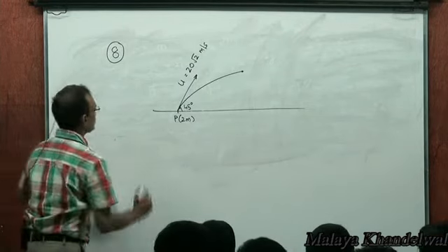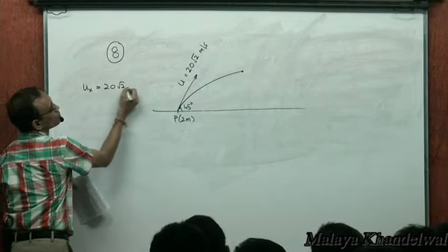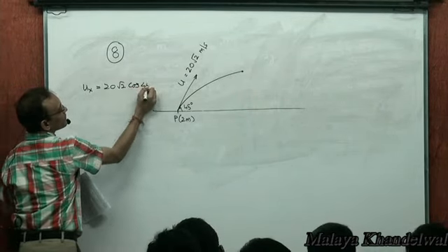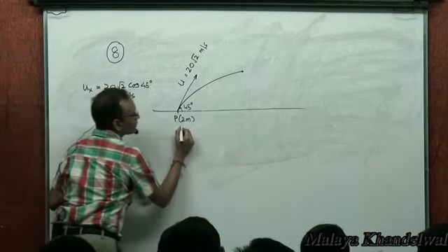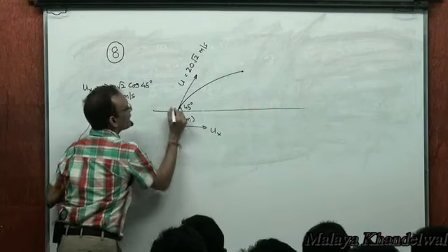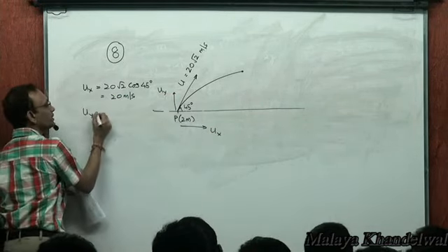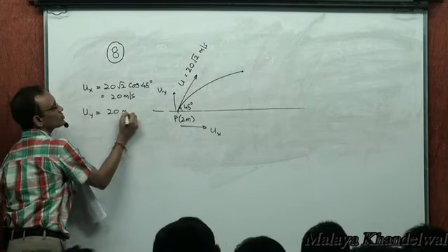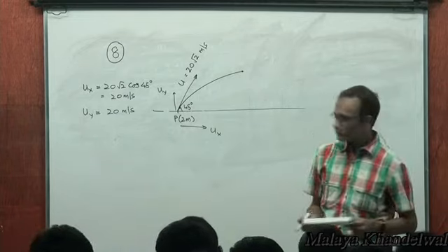First of all, what's the x component of this velocity? 20 root 2 cos 45 degrees. That is 20 meters per second, the initial ux, and the initial uy is 20 root 2 sin 45 degrees, which is also 20 meters per second.